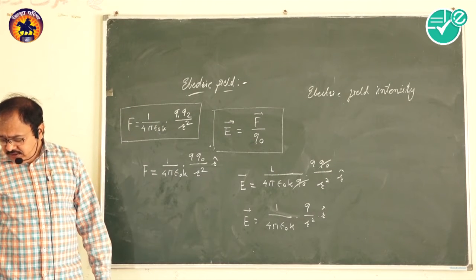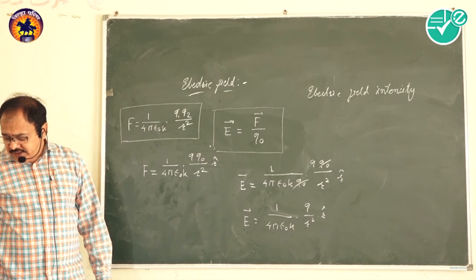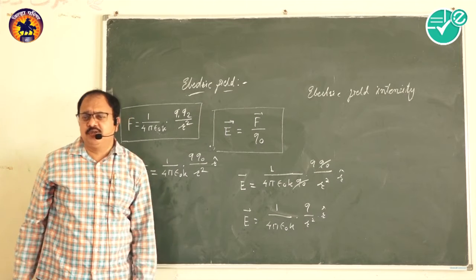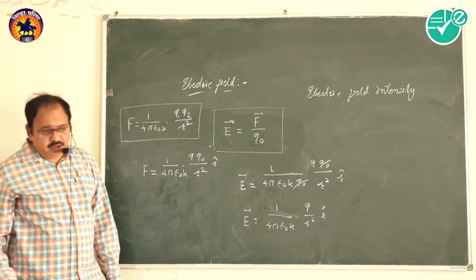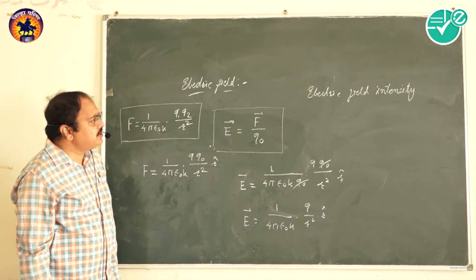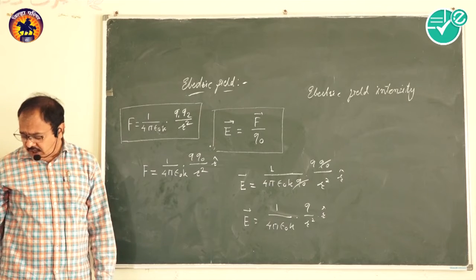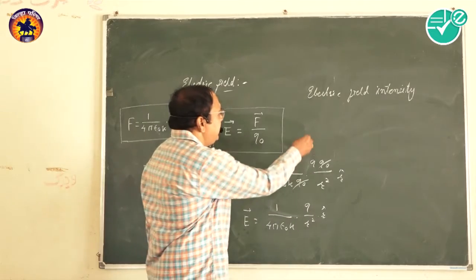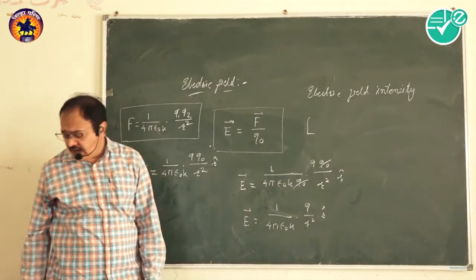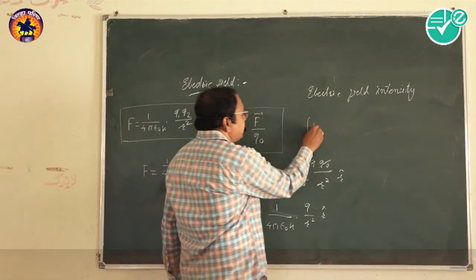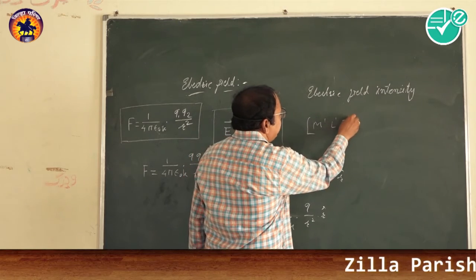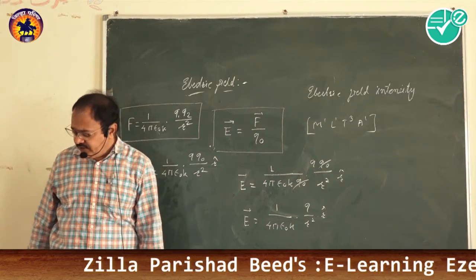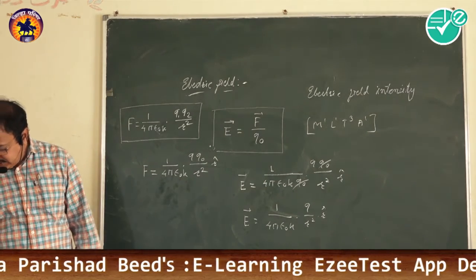This is what we call electric field intensity, and from that formula we get the dimensions of the electric field intensity, which are M raised to 1, L raised to 1, T raised to minus 3 and A raised to minus 1.